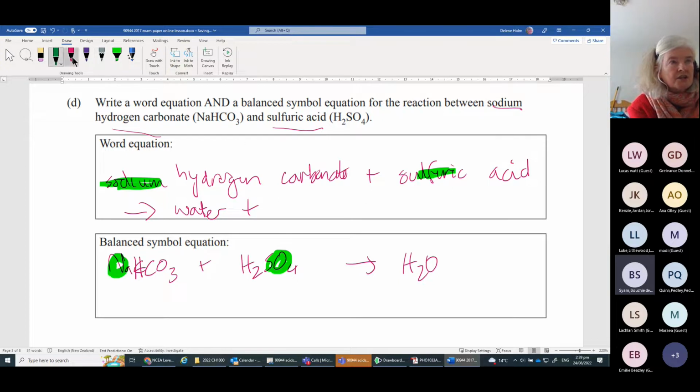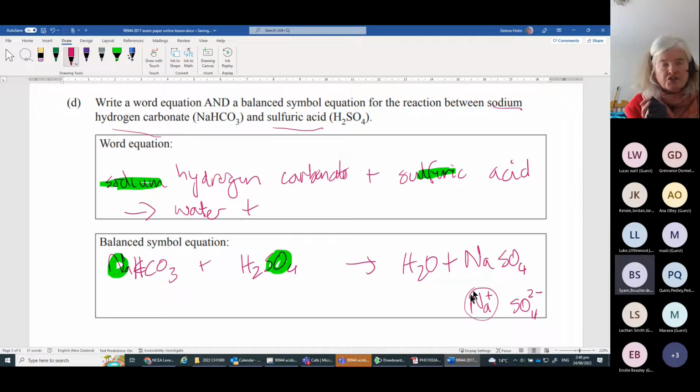So if I wrote it in here now, I've got NaSO4. Yep, so it is going. Now, go to the table of ions to go Na plus and SO4 2 minus. So how many sodium ions do I need to balance that 1 positive charge to balance the 2 negatives?